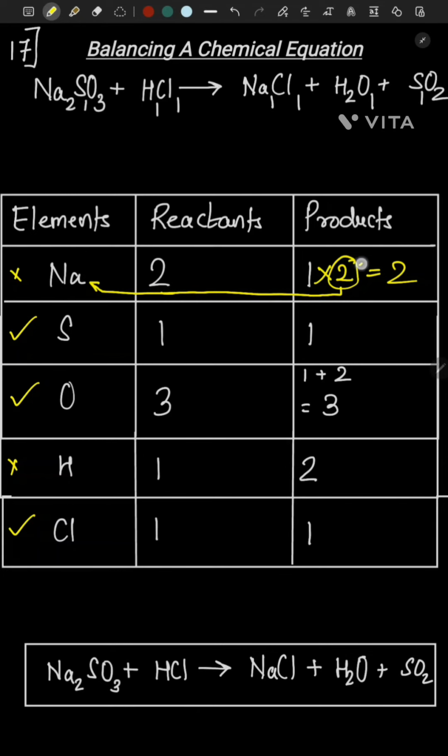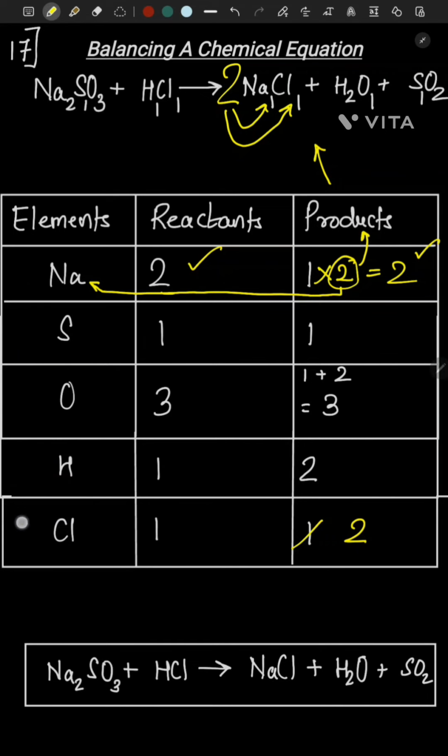To sodium. On which side? On the product side. Let's go up. Do we have sodium alone? No, it is in the combined form, but still I will take this 2. Because with this 2, sodium got balanced, but this 2 is equally distributed for all and it will bring the change even to chlorine. Chlorine, which was 1 earlier, will now change to 2. Hence, it got unbalanced now.